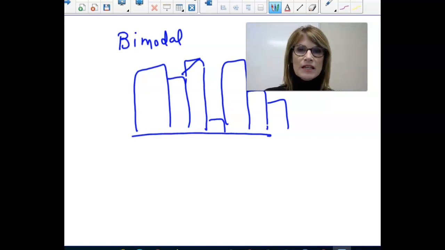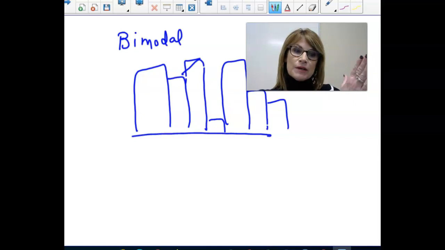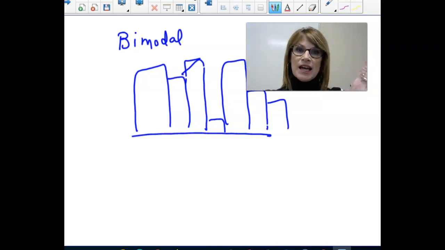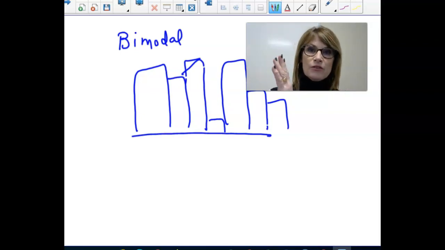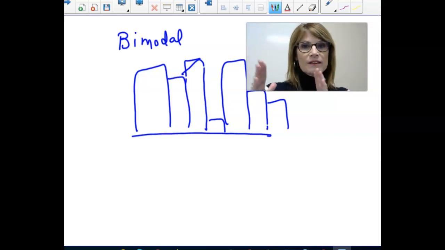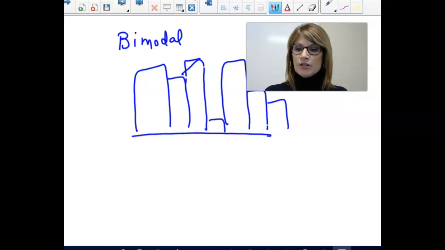It might be how many miles do people commute, and you have people that live on campus, people that live in a different city, people that ride a taxi, people that walk. Or you could be doing grip strength, and you could have old men, young men. 2 very different samples would give you a bimodal distribution.